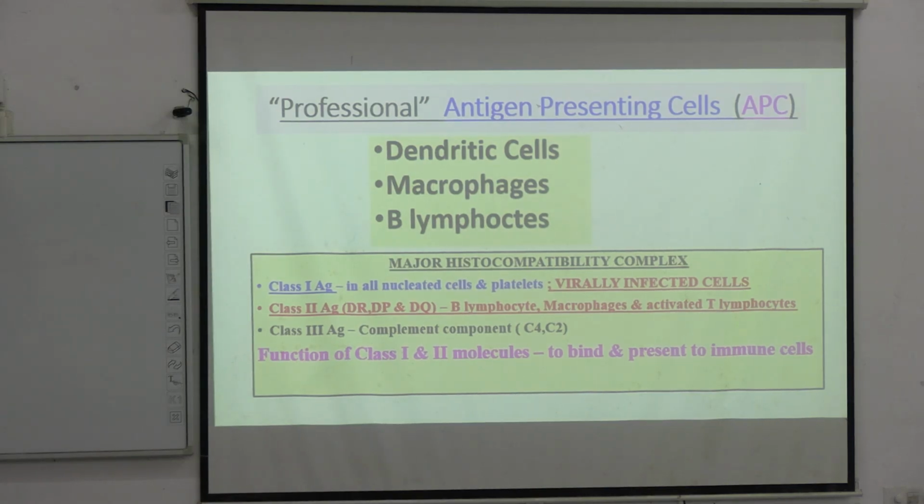So virally infected cells express antigen, and their antigen is presented by the class 1 molecules. Class 2 molecules are on the actual cells. So the function of class 1 and class 2 molecules is to bind and present to immunocompetent cells.